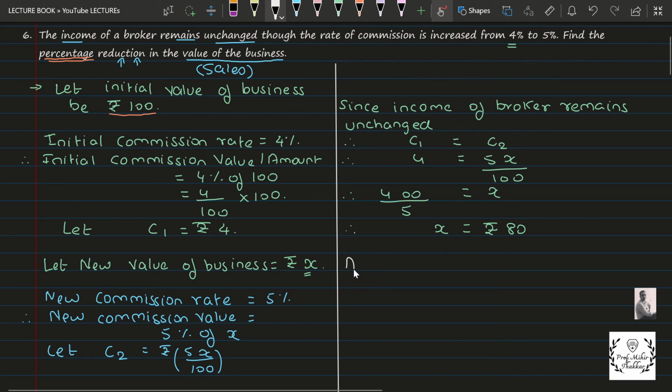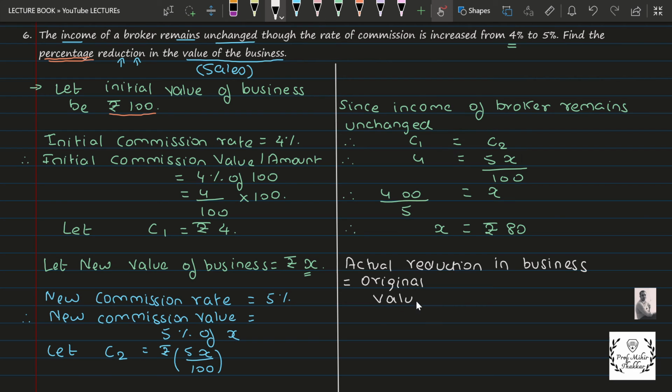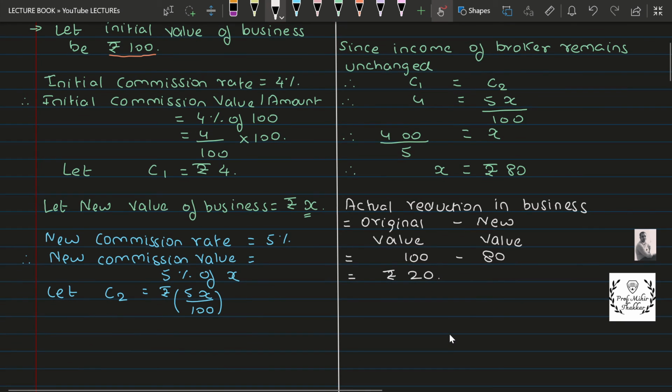So I will first find actual reduction in value of business, or actual reduction in business is equal to original value minus the new value of the business, which is 100 minus 80, and that is equal to rupees 20. But we are interested in the percentage reduction.